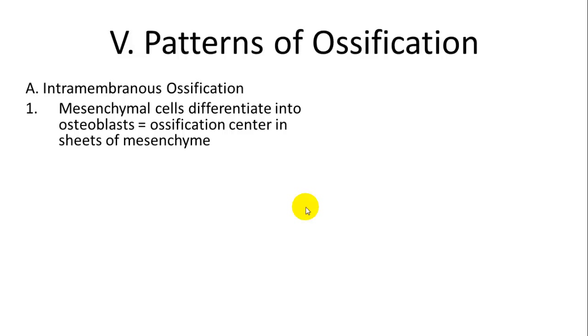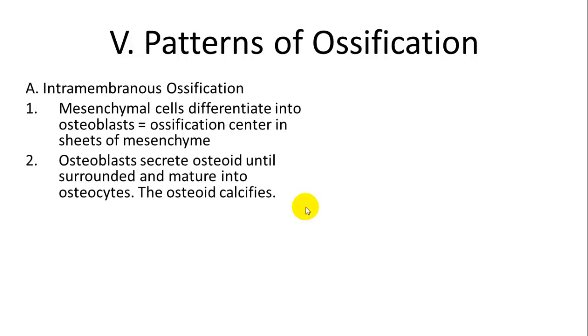Okay, these can occur at the same time in different layers of a mesenchyme. The osteoblasts then secrete this osteoid until it creates a mature osteocyte, and that osteocyte then is in a calcified area of bone.